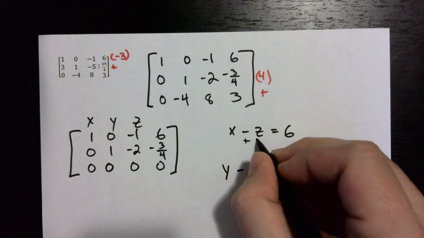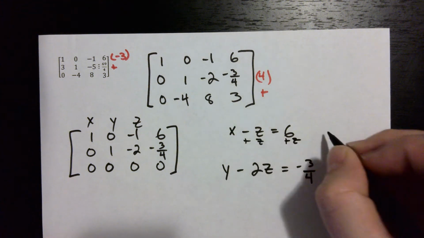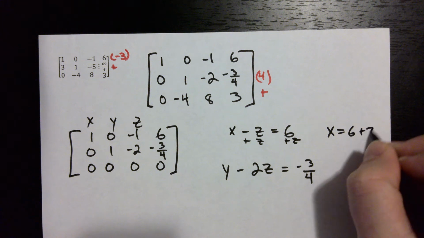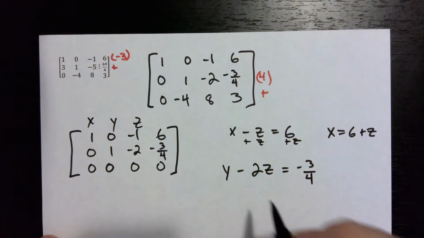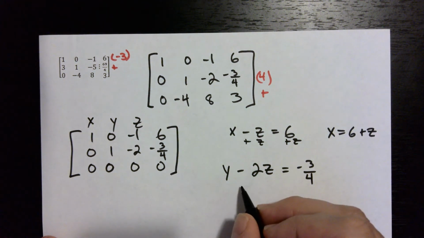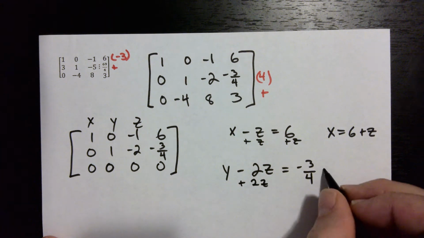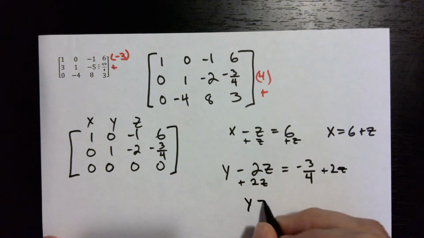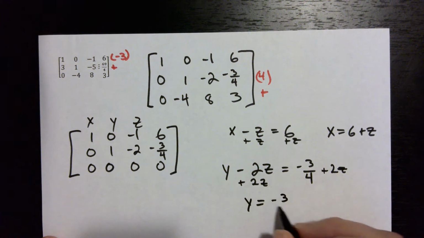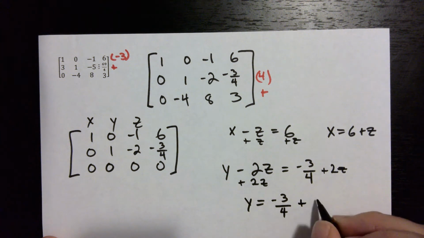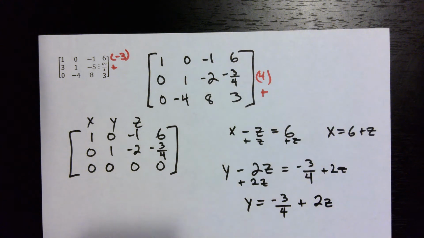All I have to do to this one is add the z to both sides, and I get x is equal to 6 plus z, or z plus 6, however you want to write it. And on this one, I add the 2z to the other side, so I get y is equal to -3/4 plus 2z.